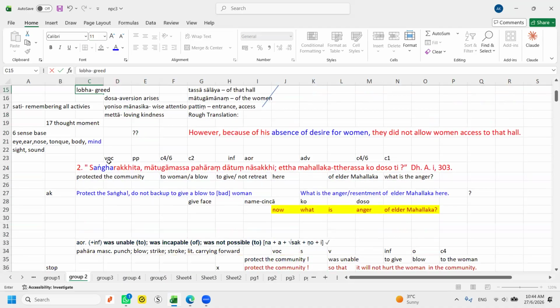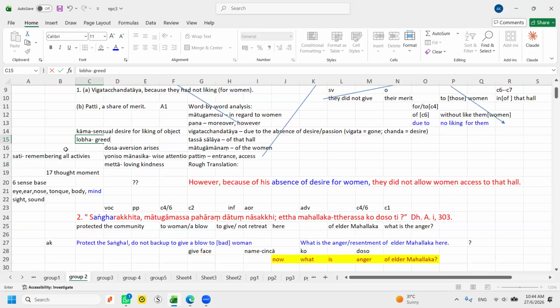And if the object is neutral, that means the sight you see is neutral, the sound is neutral, a neutral object, then what do you get? Avijja arises.